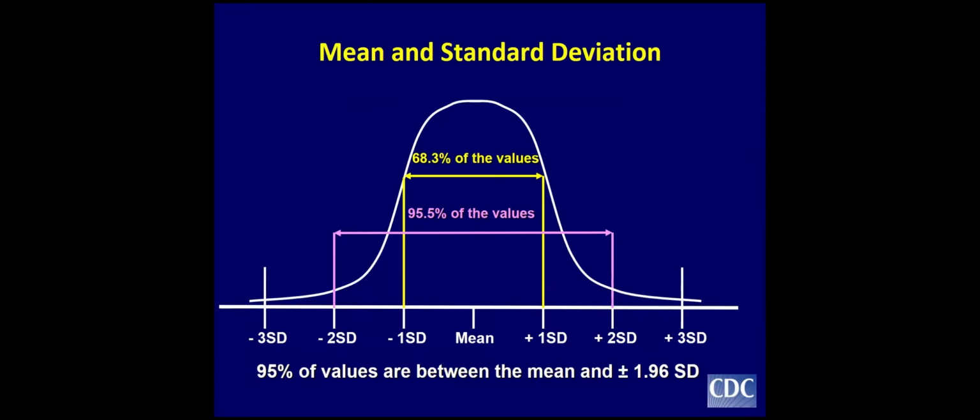If you have 200 observations, and you put your observations on the y-axis and values on the x-axis, your mean value will be the one where most of the observations will be.